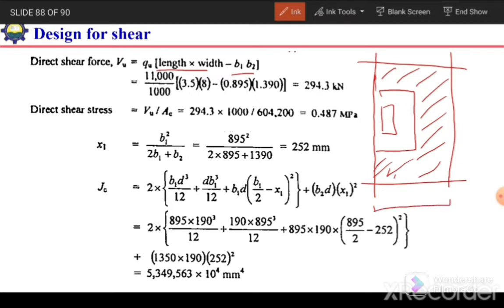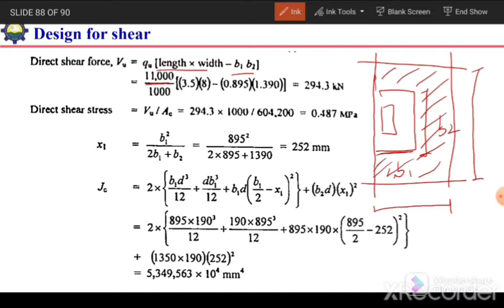From here to here it is length and this much is width, minus we need to subtract this B1 times this B2. So length into width minus B1 times B2. And QU is the applied load, which is given in Pascal.